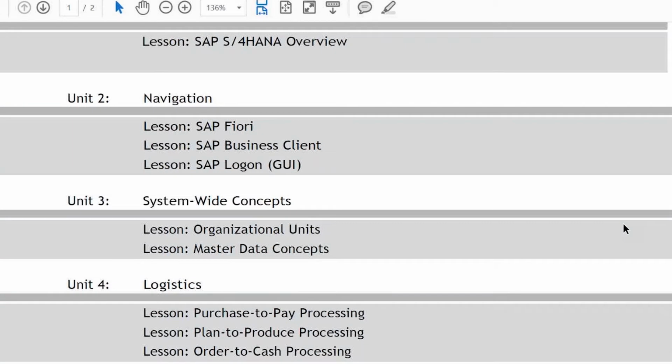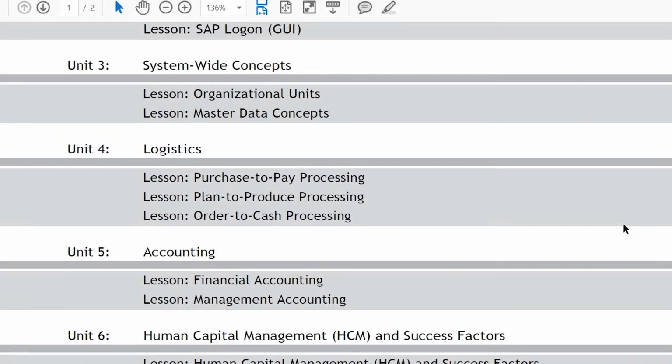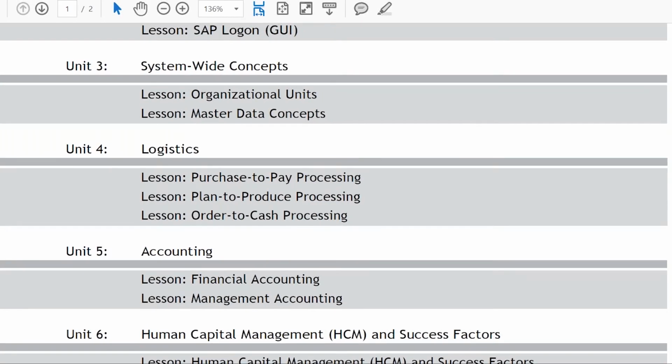Then come the important functional modules that we have in S4H. Though we are technical persons, and I know both of you are basis consultants, fine. Our S4 HANA system is a combo pack of multiple traditional systems that we have in the market, right?